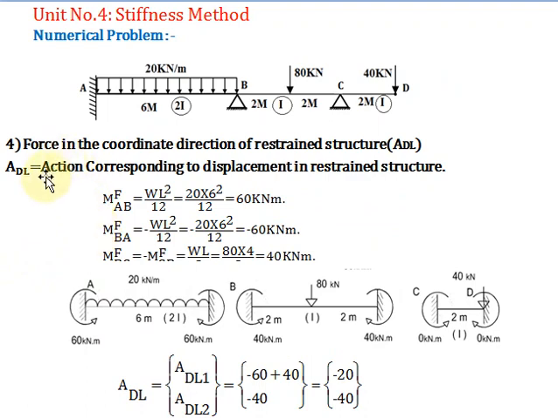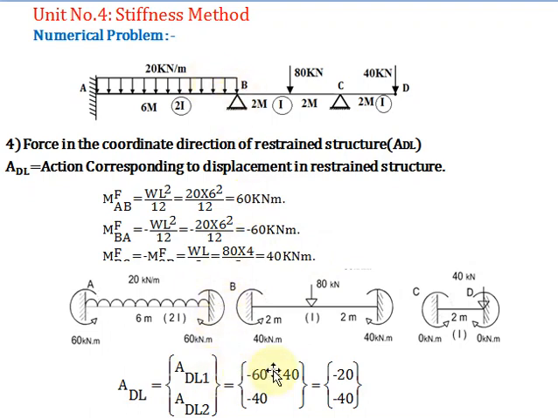Now ADL is nothing but action corresponding to displacement in the restrained structure. The restrained structure is nothing but fixing the supports. In that we have to find the fixed end moment in member AB, BA, BC, and CB. Our first unknown is theta b.